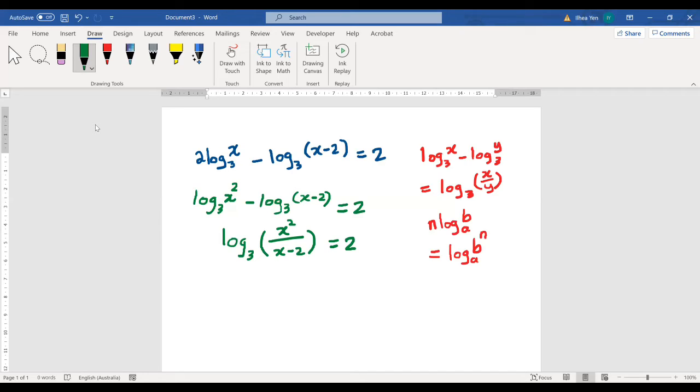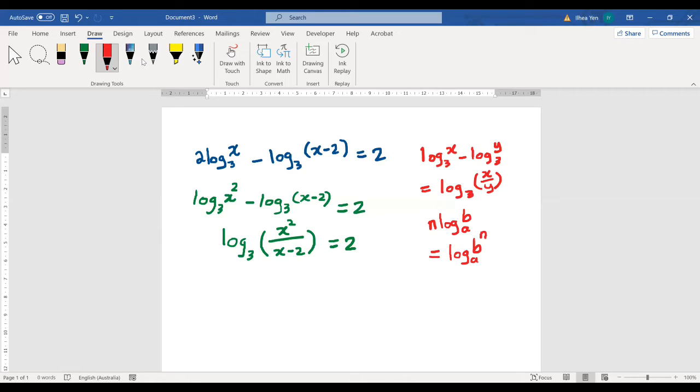Now, what are we going to do now? I still have a log, and when I have a log, I can't find the x. So what am I going to do? Well, another formula you have to use, the very basic formula, the very first one, changing from log form to index form.